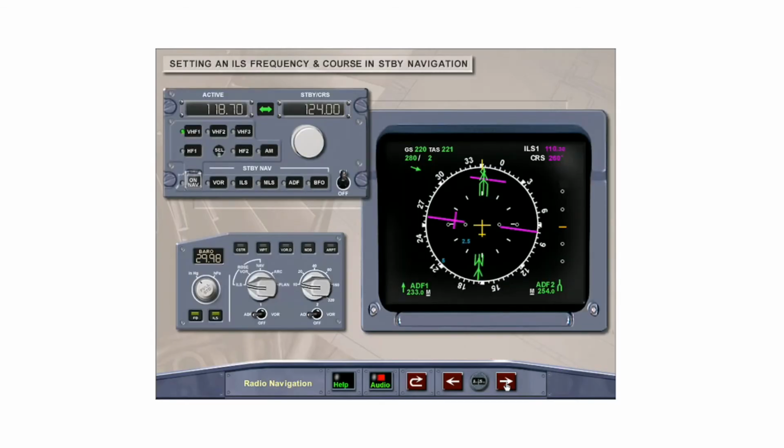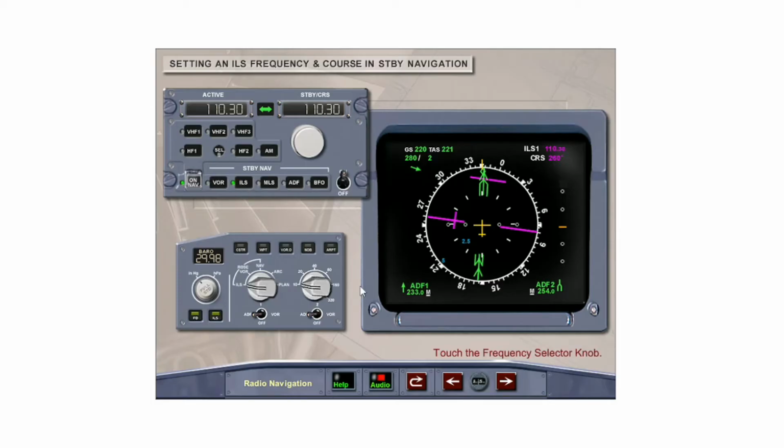For a demonstration of setting an ILS frequency and course in standby navigation, touch the nav key to activate the standby navigation section of the RMP. Touch the ILS key to select the ILS receiver.